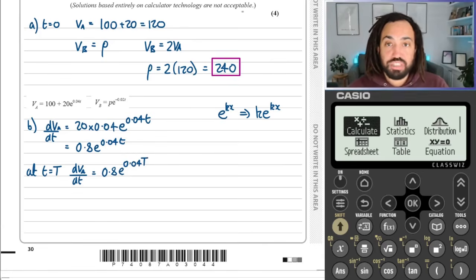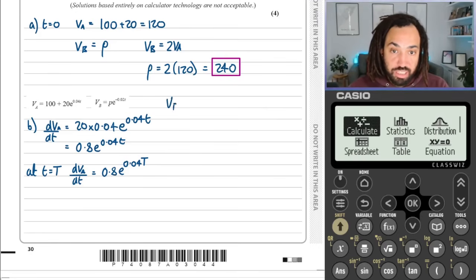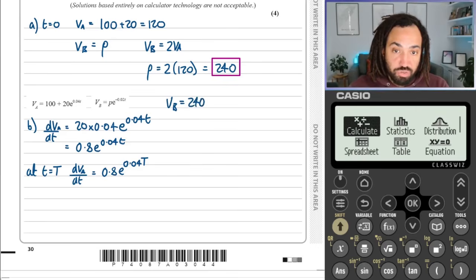Okay, let's do the same now for the other one, which is actually 240 e to the minus 0.02 t.